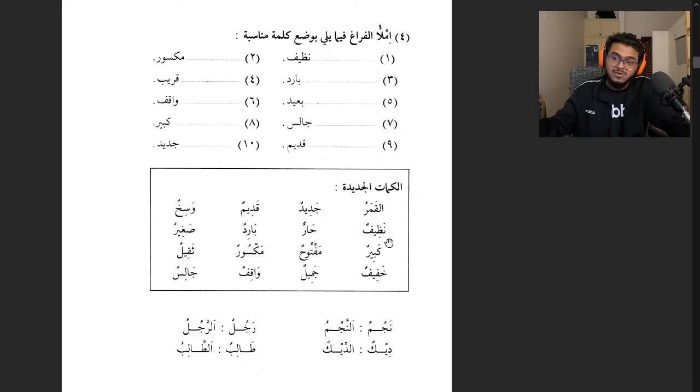Nadhifun, ignore, it could be used for humans and places as well. Maybe there are some other adjectives instead of nadhifun that you would use for a human, for example tahirun or mutatahhirun, something like that. But let's just go over this word list and find anything interesting to see if it's aqil or ghayru aqil.